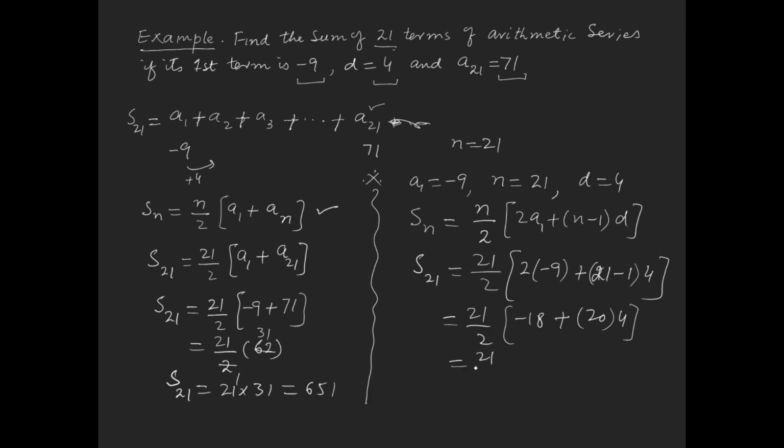So 21 divided by 2 and 80 minus 18. So the answer is 62, and we get 21 by 2 times 62, which gives Sn equal to 651. So we are getting the same answer in both cases.